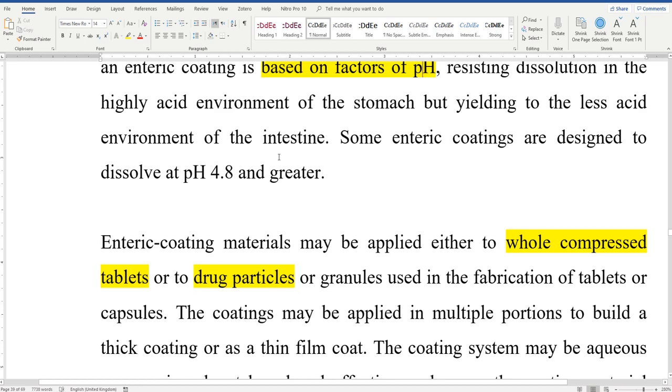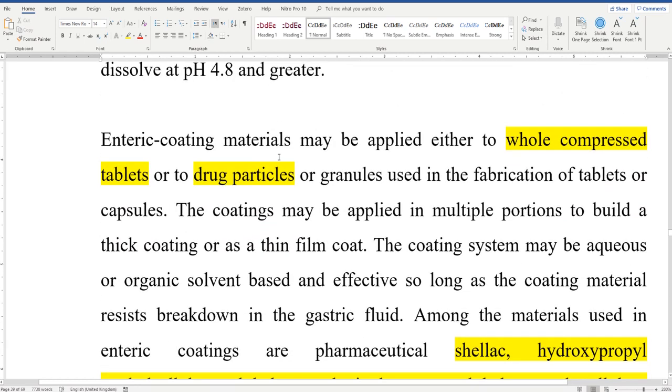Now this polymer can be applied to the whole tablet, or it can be applied to the granules or particles of the drug, and then fabricated into tablets, compressed into tablets, or filled in capsules.